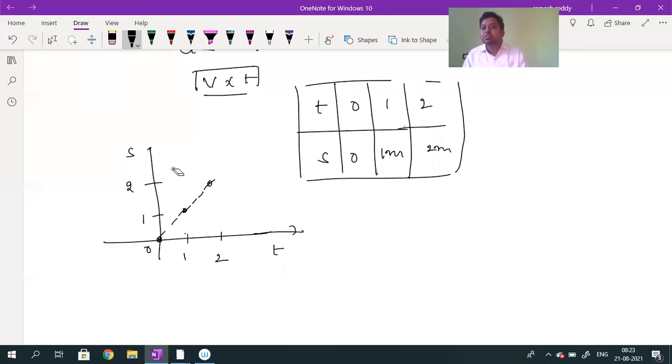Is this example understood? You have drawn this graph in your lower classes already in mathematics. We needed t and s. Then, what is the slope of the graph drawn between velocity and time? Is it understood, students?